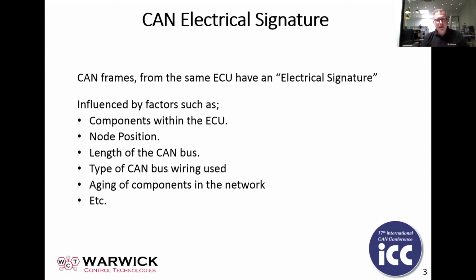So what is a CAN electrical signature? In our case, it could mean lots of different things depending on how you define it. Effectively, the electrical properties of the CAN bus signal will be influenced by a number of things, such as the components within the ECU, the position of the network node inside the CAN bus, the length of the CAN bus, the type of wiring used within the CAN bus, the age of components, and the use case or use environment.